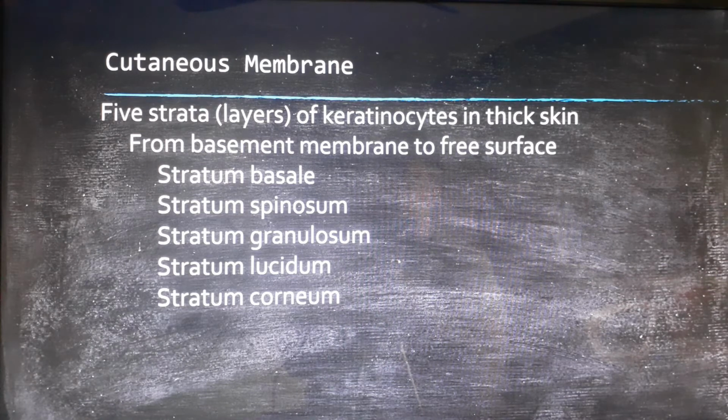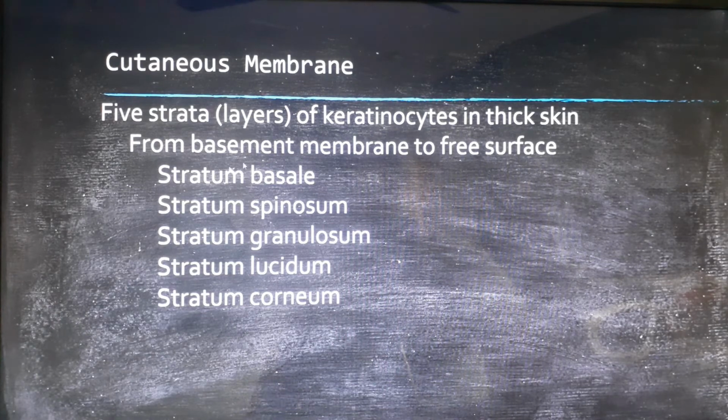Keratin makes the cell waterproof, or mostly waterproof. But the problem is that a cell full of keratin can no longer be alive. So as we move from the bottom layer, the first layer of the epidermis, towards the surface, we're going to start with no keratin and get more and more keratin, and we're also going to start out alive, and by the time we arrive at the surface, the cells will be dead.